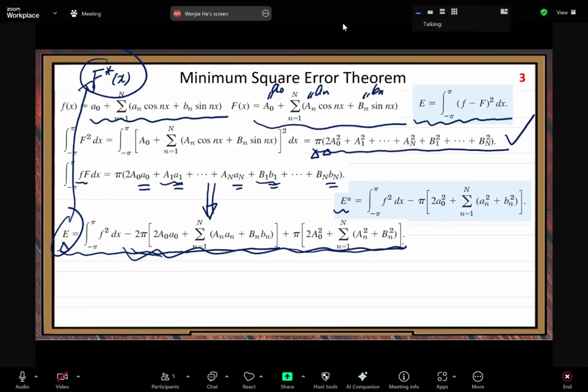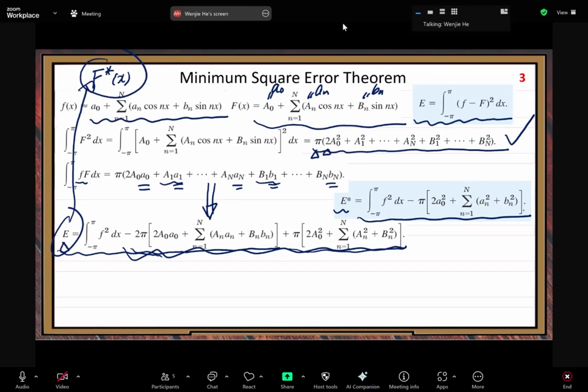After cancellation, simplification, we have this expression. E star error.